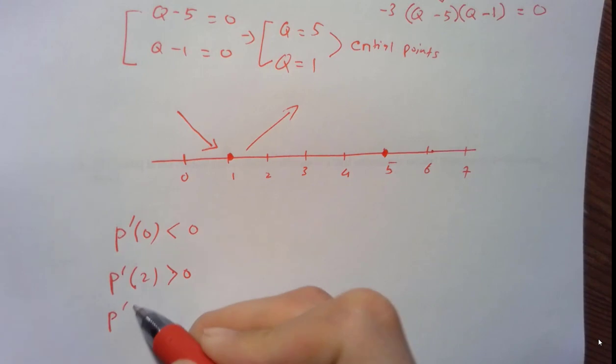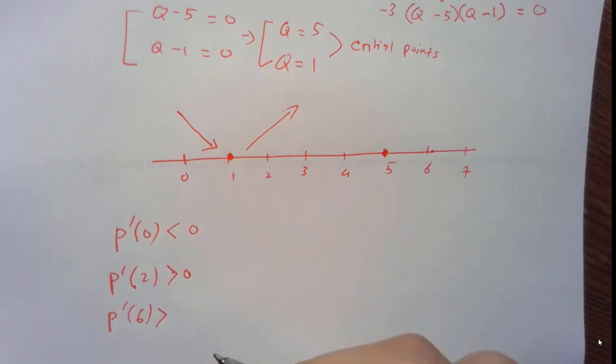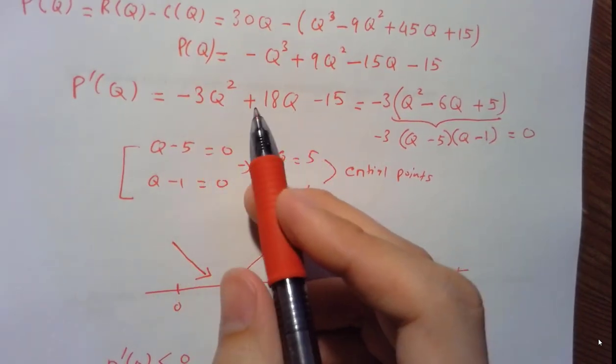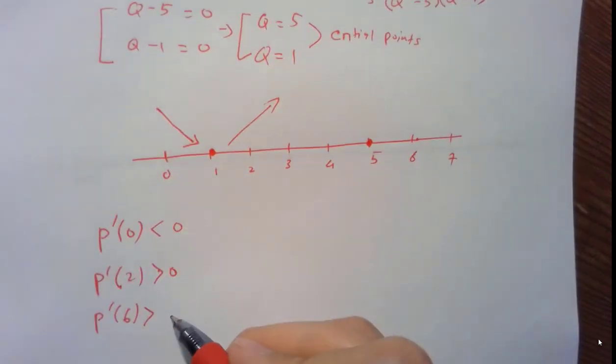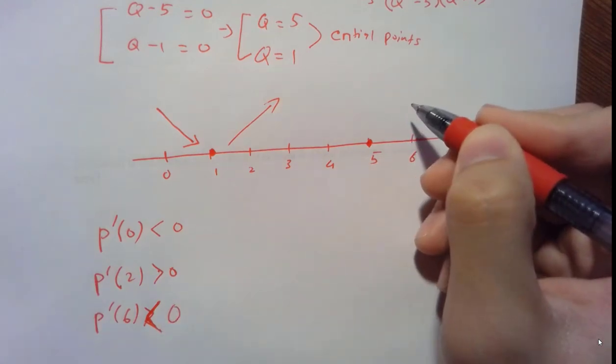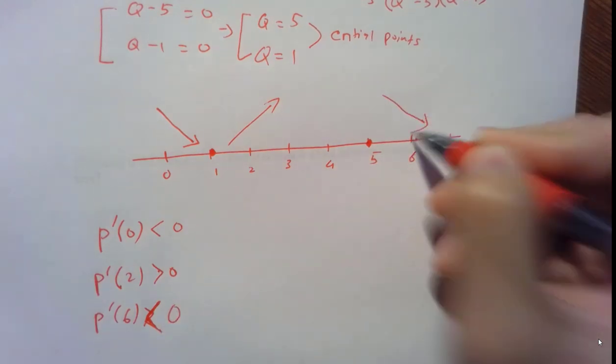Let's pick 6: P prime of 6. Plugging Q equals 6 into this function, I get something less than 0, so this is also decreasing.